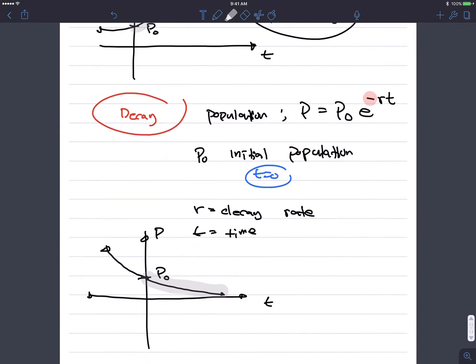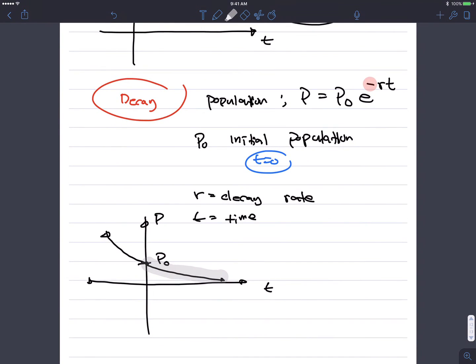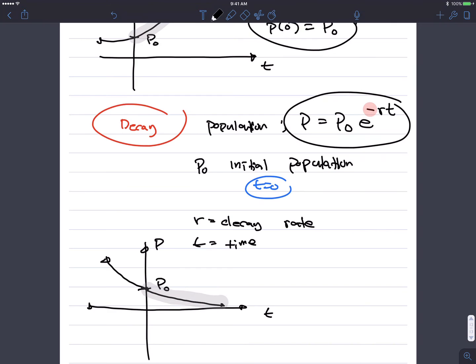You don't really have that left portion. So this is decay, and so your population is decreasing as time gets big. So these are the two models you'll handle with population growth, population decay. Same idea. P of 0 is P sub 0 here, the initial population. And your population is decaying. So a lot of things decay. Population does decay, especially when it's bacteria.